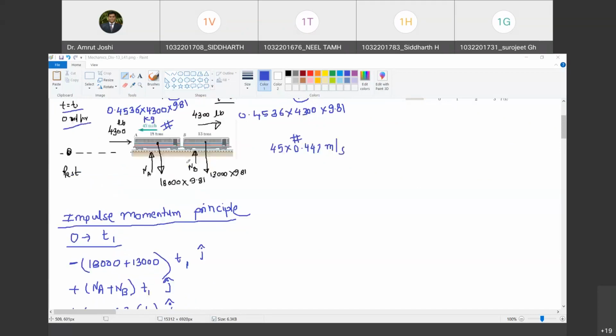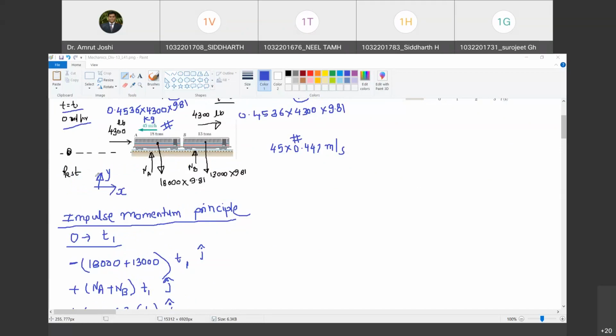So the impulse of weight is given as 18,000 plus 13,000 into t1, and mind you this force is acting in the downward direction. So if I call the upward direction as positive y, and towards right is positive x, this 18,000 plus 13,000 force is going to act in the downward direction. Do you agree with me?